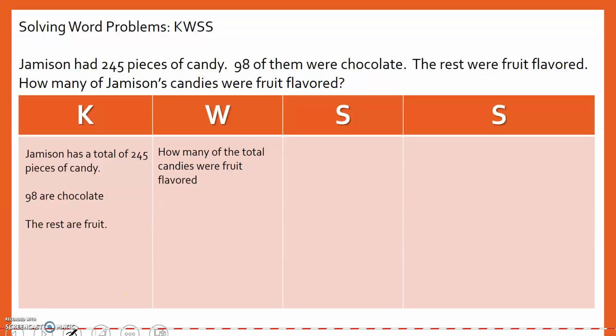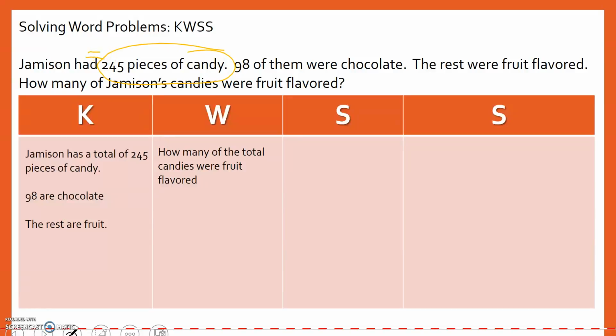The next S is, what strategy and operation am I going to use? This is where I figure out my number sentence. Well, I know there's a total of 245 pieces of candy, so I know that that's what it equals.